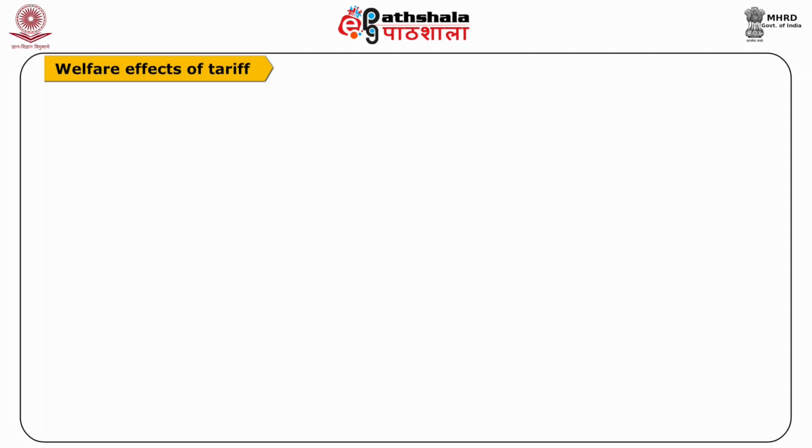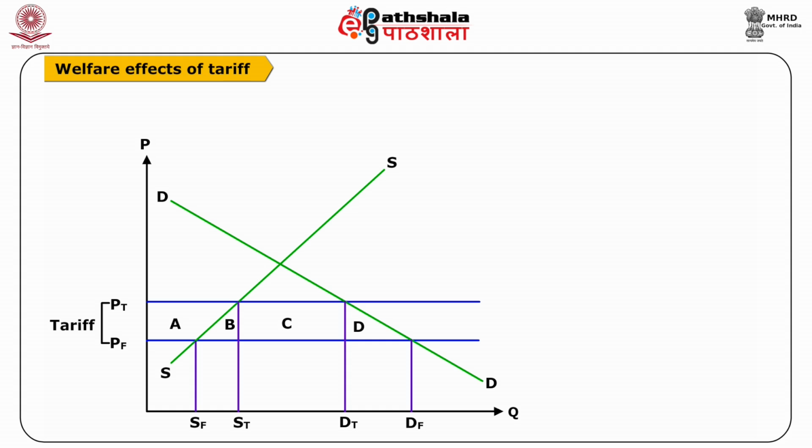Now we will see the welfare effects of tariff. To analyze the effects of tariff, consider a market in a small importing country that faces an international world price of PF in free trade. In the figure, the free trade equilibrium is shown at PF where the domestic demand is given by DF, domestic supply by SF, and the imports by the difference of demand and supply, DF minus SF.